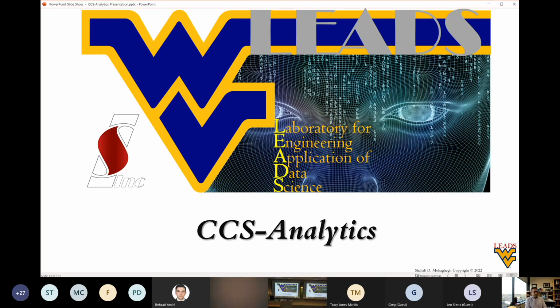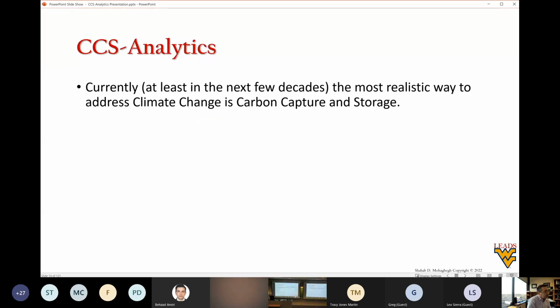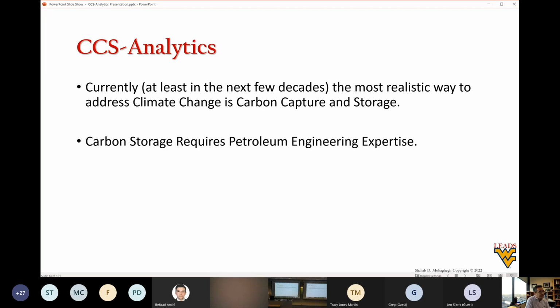With that, let's talk about CCS analytics and see what it is. Currently, at least in the next few decades, I would think at least 3 decades, the most realistic way to address climate change is through carbon capture and storage. Carbon storage requires petroleum engineering expertise.